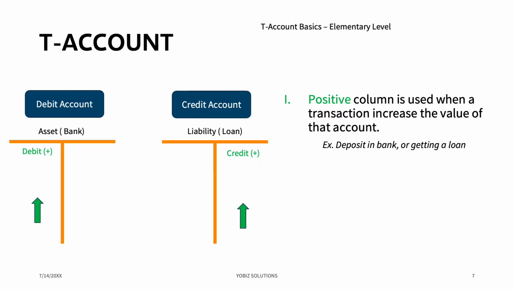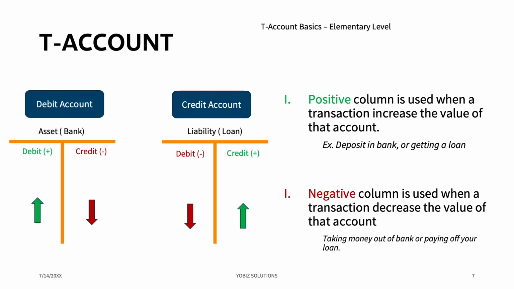And that means that entry, that expense on whatever you purchased, goes on to the credit side of the liability account. And likewise, if any transaction reduces the value of that account, which means taking money out of that account or paying off a loan for a credit account, or you make a payment, then both of those scenarios are reducing the value of that particular account, which means you would be using a negative column to record those entries.